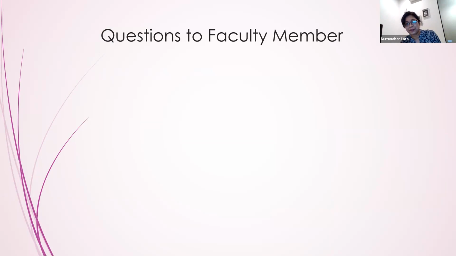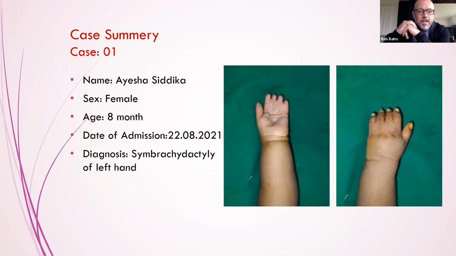Mr. Rob Baines, please. Hi, sorry, I missed how old the child was. 8 months. Obviously, I would progress with the usual congenital hand examination, check the other side, check the feet and look for other abnormalities, but I'd assume this to be an isolated abnormality.